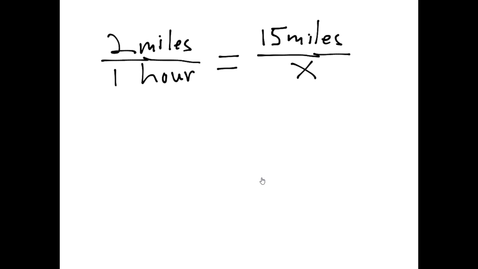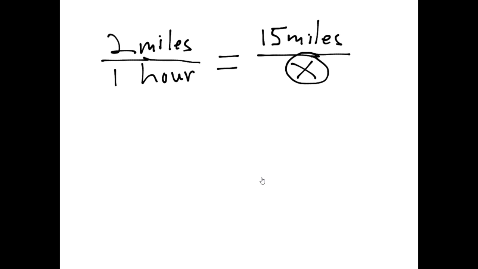But what we want to do is isolate the variable x. The way we do that is to multiply both sides by x. You can do the same thing to both sides of the equation.